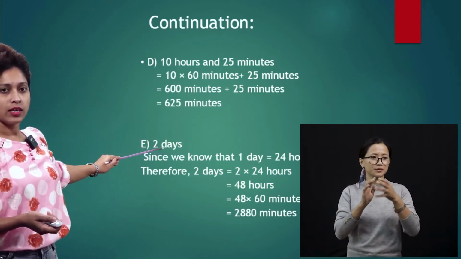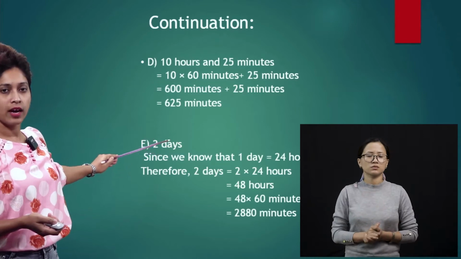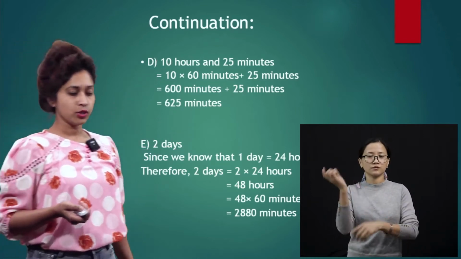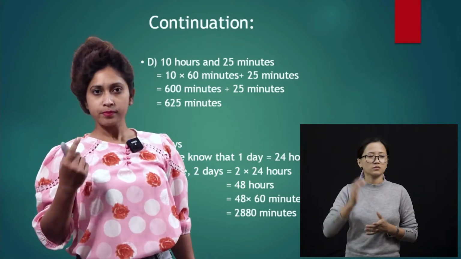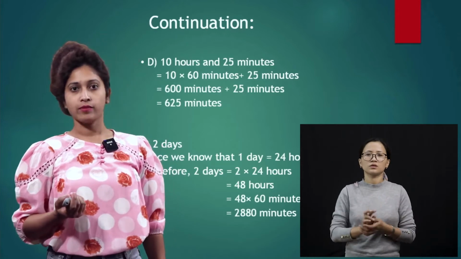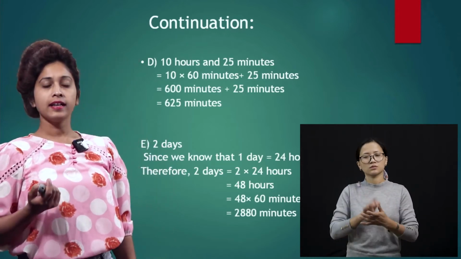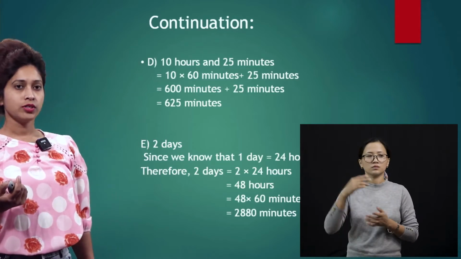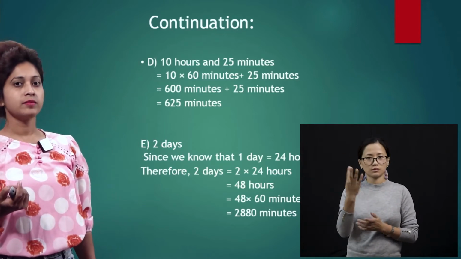Then you have another one now. See here, what is it, children? A little bit different, right? It is not about hours, now we have days. So, children, we know that in a day we have hours. How many hours do we have? We have 24 hours, right? And then 1 hour is equal to how many minutes, children? 60 minutes, right?